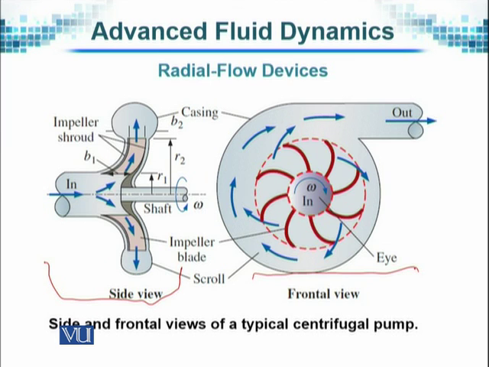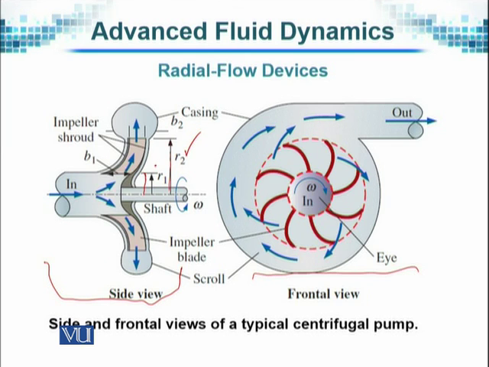But you can see R1 is the distance from this point to this point, from the axis of rotation to the boundary. And at the outlet, this distance is taken as R2.